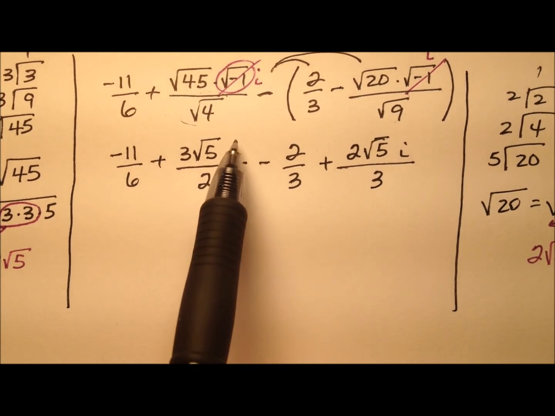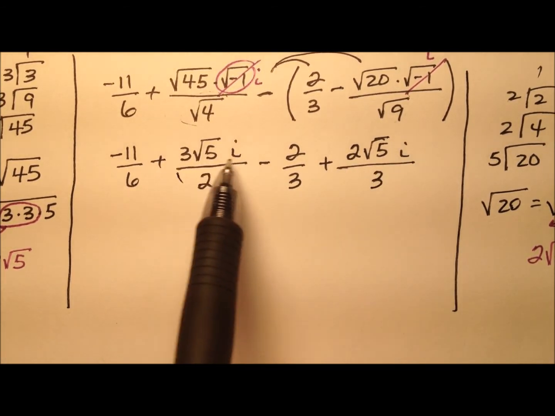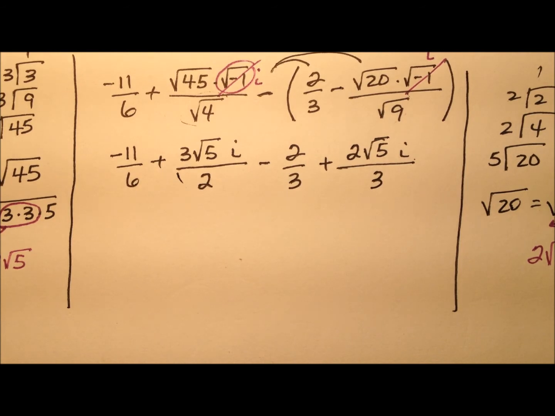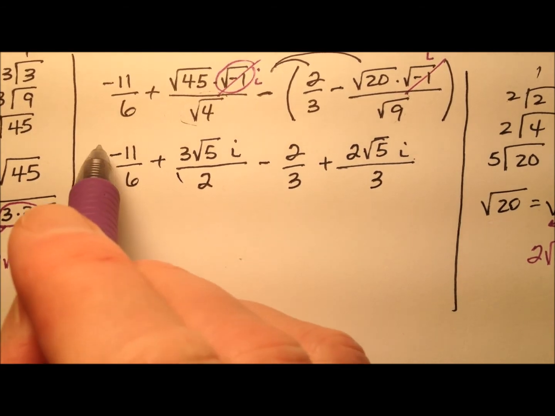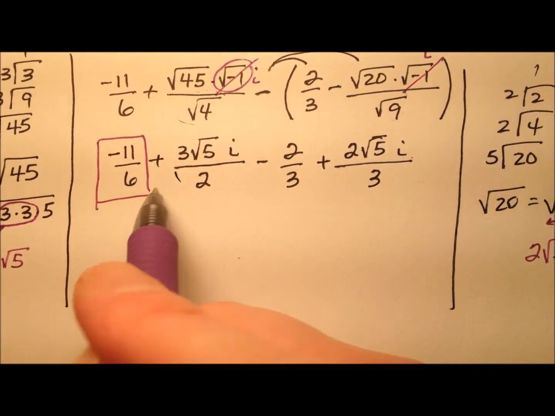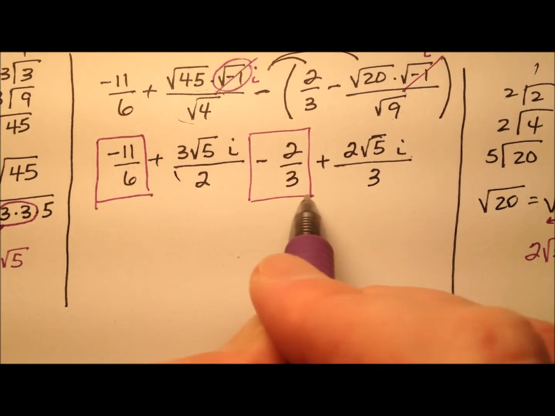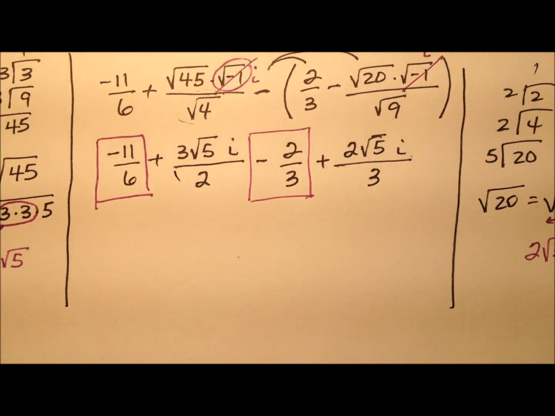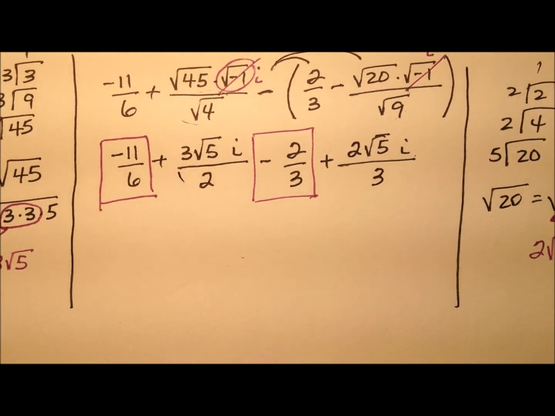Alright, so we have all the radicals simplified and all those imaginary parts simplified. So now let's go ahead and focus on combining like terms. So I have negative 11/6, which is a real part, and negative 2/3, which is a real part. So let's go ahead and get common denominators and just combine those fractions.